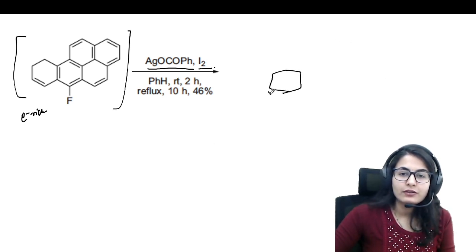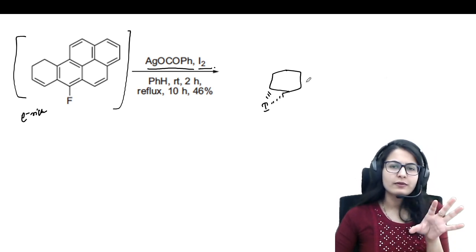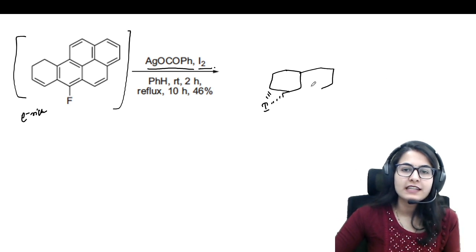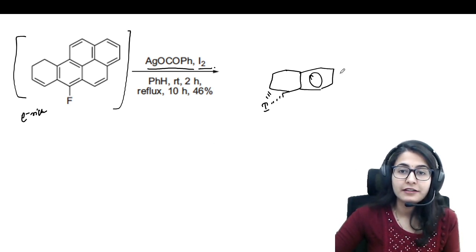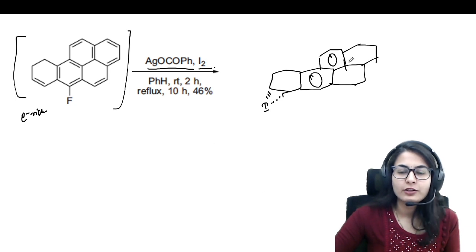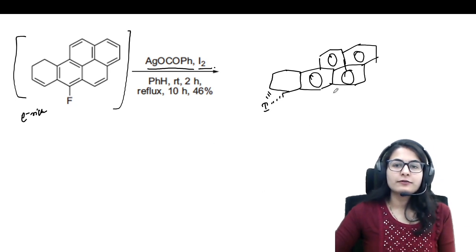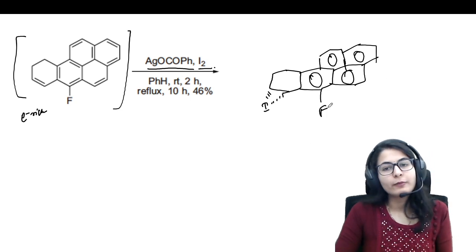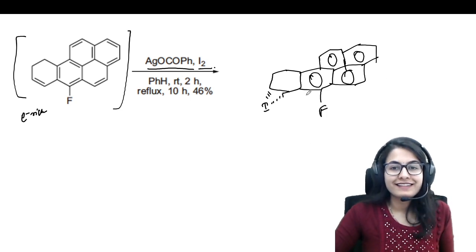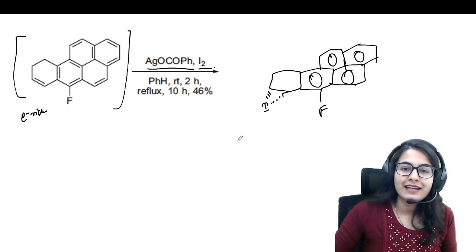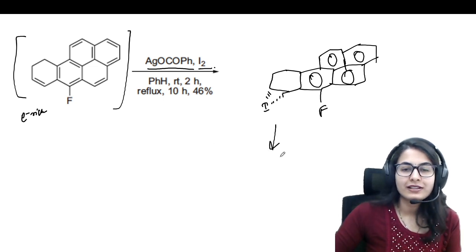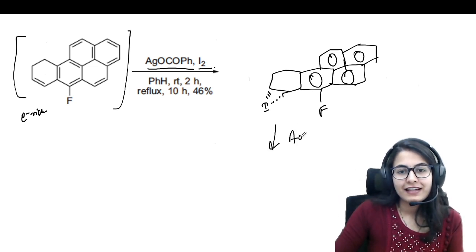First of all, you are going to get the iodonium ion, and here there is no specific stereochemistry for it because the whole molecule is planar, isn't it? So you need not take much care of where the iodine is going to be, above or below. All of these four rings are aromatic, so let's just write the rings, and then you can add the benzoate or any other acid salt.